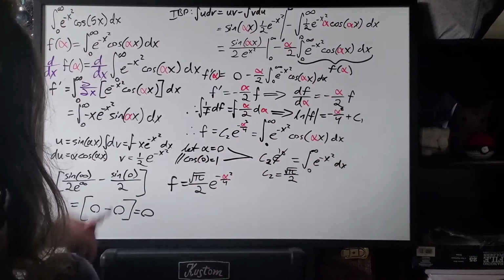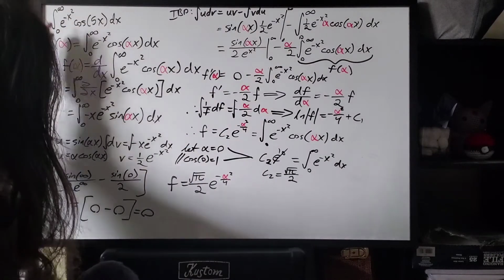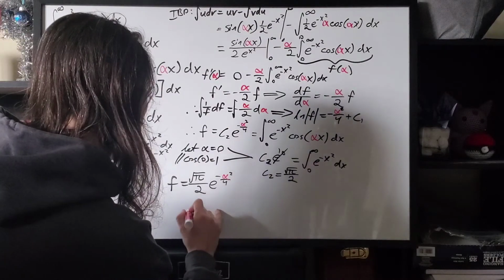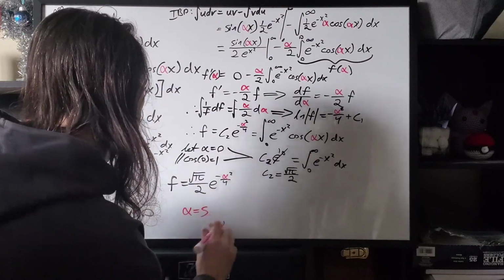Beautiful. So we take it back to our original problem, the integral where alpha was 5. So alpha equals 5.